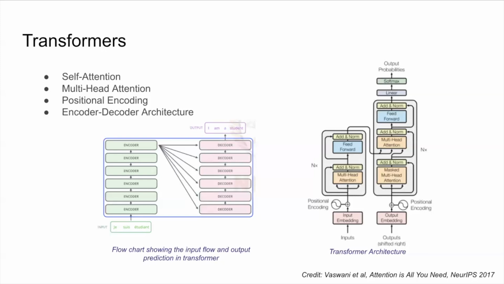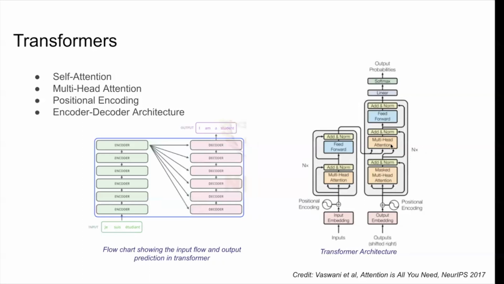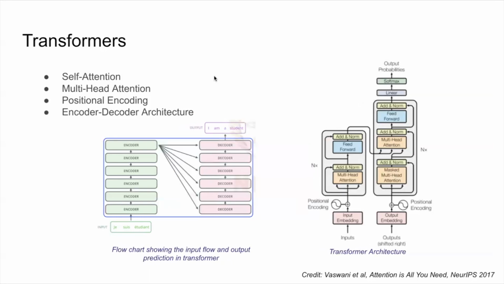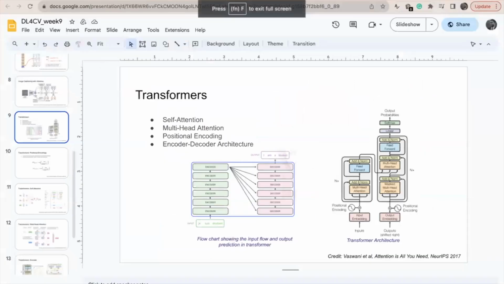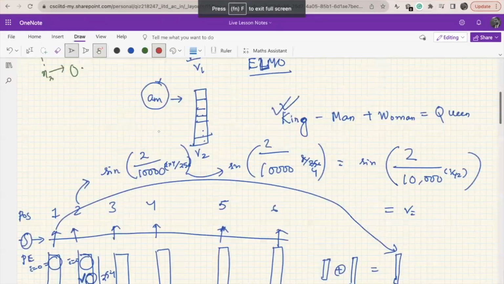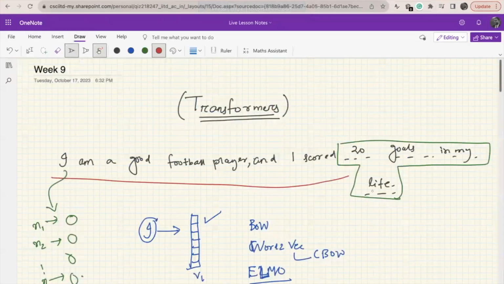So you might be wondering why we should look at the output. We don't have any output, right? No, we have the output here, that is 20 goals in my life, but I don't want to show the answer or show the output to the model at once.